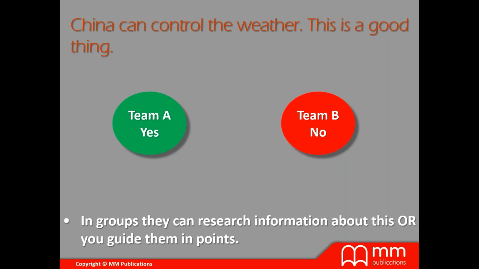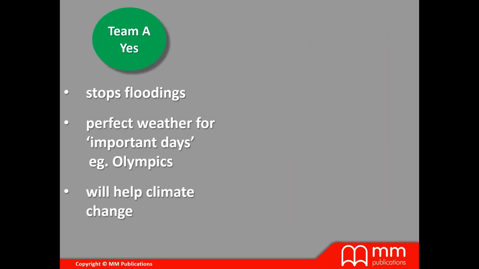Now, in groups, they can research information about this and make their own points, or you can give them more guided points that you want them to focus on. If you're doing this for the first time, it might be a good idea to give them some guidance. What do I mean by guidance? For example, Team A, here are some points that you can be thinking about: whether cloud seeding stops flooding, whether cloud seeding means perfect weather for important days like the Olympics, and whether cloud seeding will help climate change.